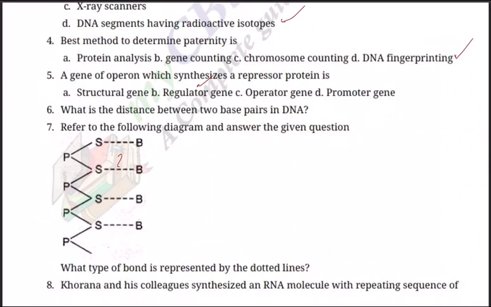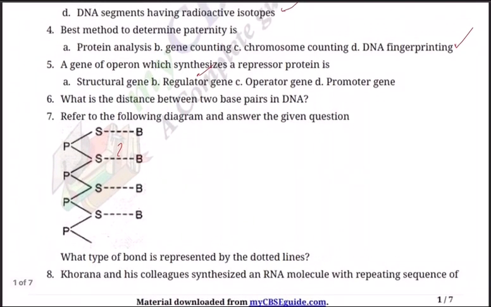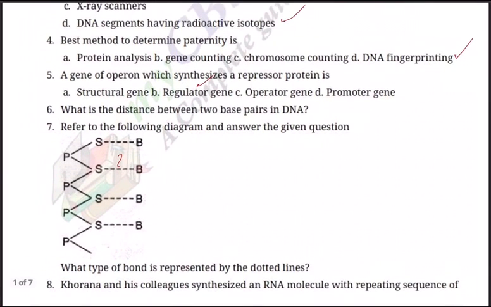So here you understand that this is a DNA molecule, S for sugar, B for base pair and the phosphate group. So what is the bond? What type of bond exists between sugar and base pairs? That is the question. Next, question number 8.